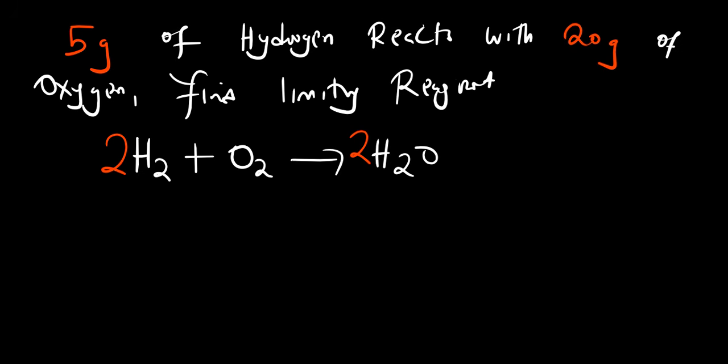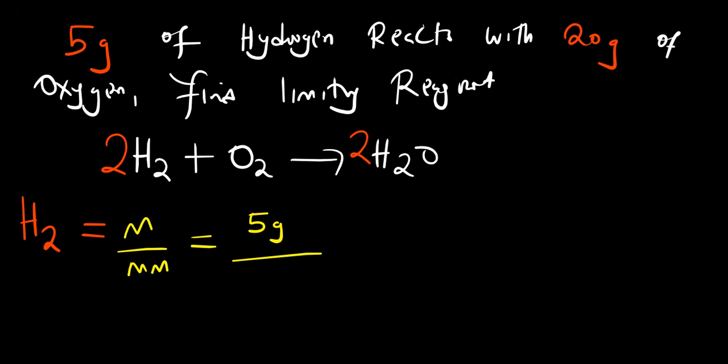We've got 5 grams hydrogen, 20 grams oxygen. Now let's start with finding the moles of hydrogen. Hydrogen is going to be mass over molar mass. In this case, the mass of hydrogen, we've been given that it is 5 grams, divided by the molar mass.